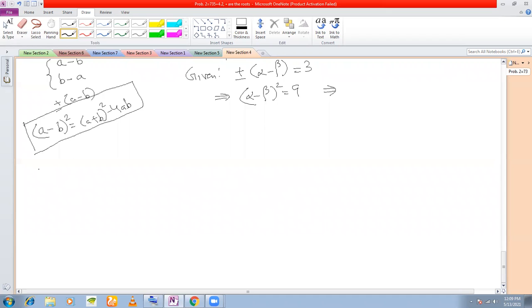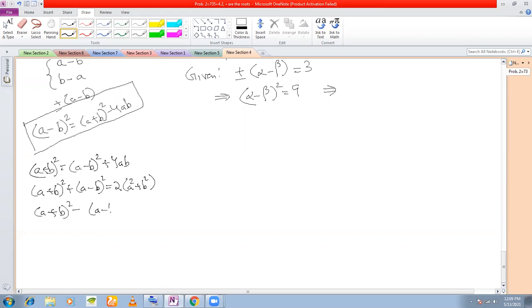A plus b whole square is equal to a minus b whole square plus 4ab. A plus b whole square plus a minus b whole square is equal to twice a square plus b square. A plus b whole square minus a minus b whole square is equal to 4ab.